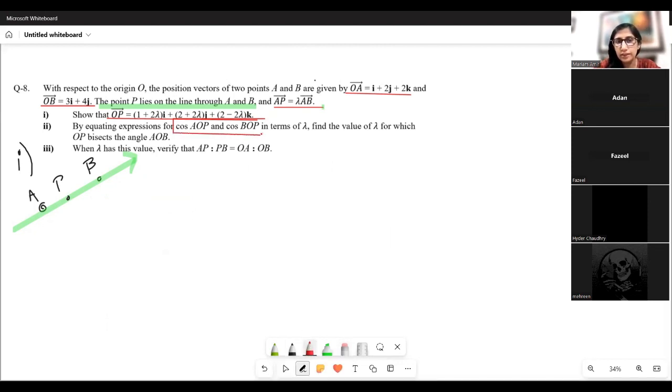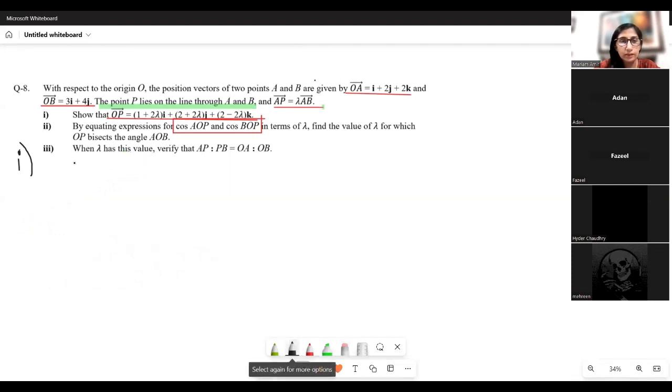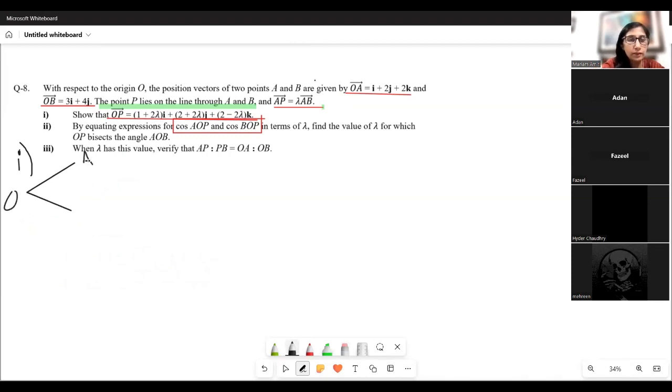So we take cos theta when we're trying to find the angle between two vectors. The first one is AOP, so I'm going to draw it, AOP, and the other one is BOP. This is the angle and this is the angle.